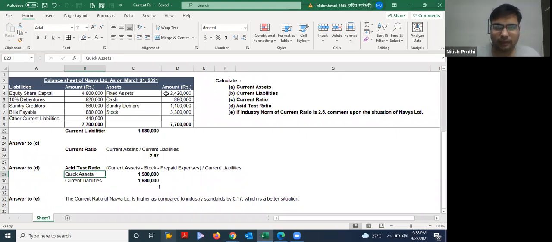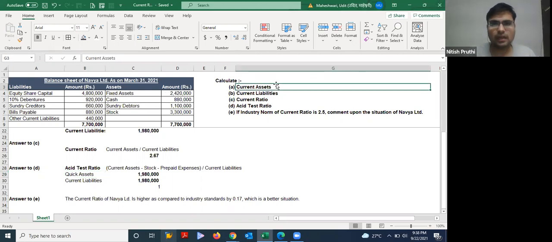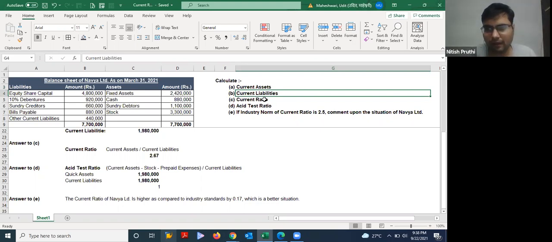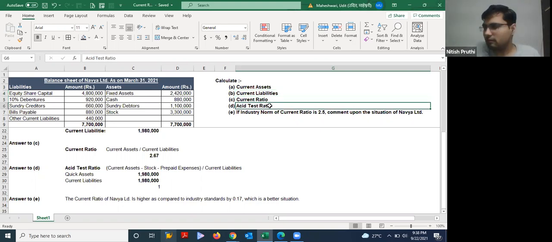You group the current assets, and that will become the answer of point A. Similarly, you can find out the current liabilities, and dividing current assets by current liabilities, you can find the current ratio and the corresponding asset test ratio. Now you can Google what are the various industry norms prevalent in different industries, and what is the situation of the particular entity for which you have calculated.